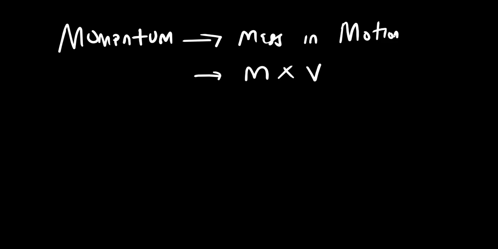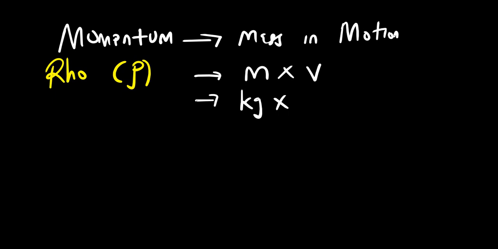Therefore, momentum, which is denoted by a rho, a Greek letter that looks like a P, is going to be your mass multiplied by your velocity. And you know that your mass is measured in kg, okay? Your velocity is measured in meters per second.